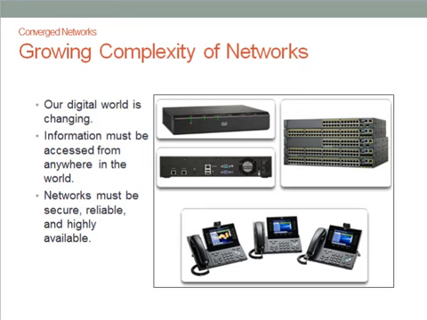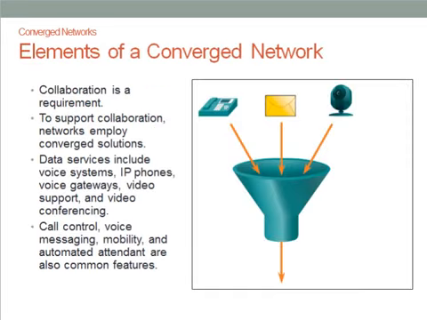So in general, our computer networks are getting more and more complex because we have more information to be transmitted across the network. In general, a converged network refers to the collection of information between devices such as your IP phones, your video conferencing support, and also other features such as your voice messaging for mobility and so on.